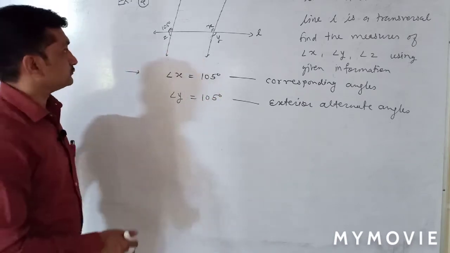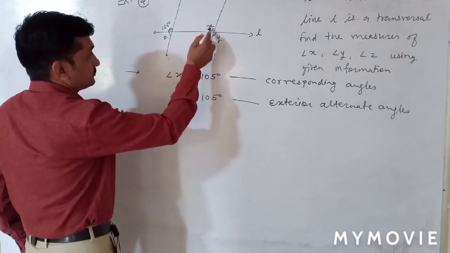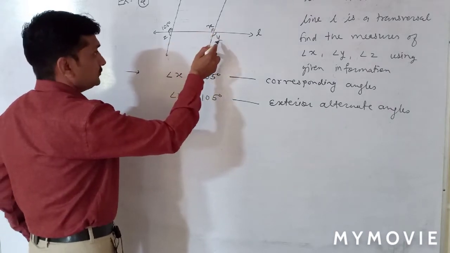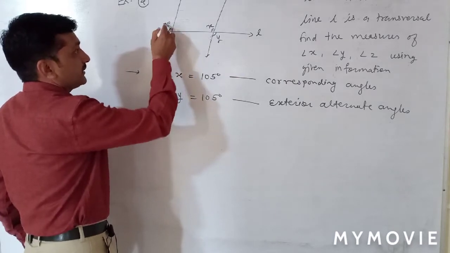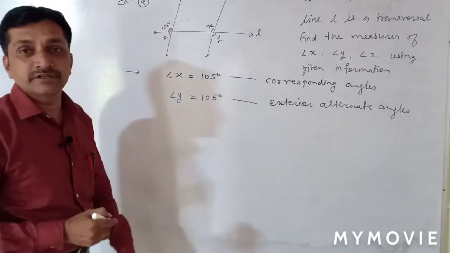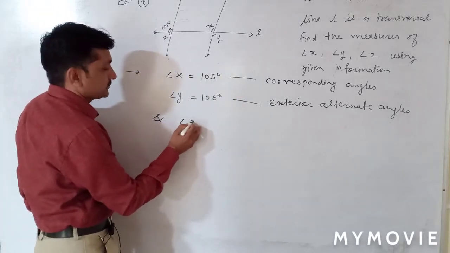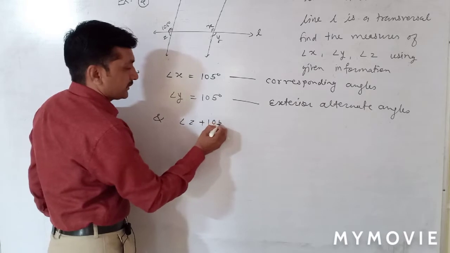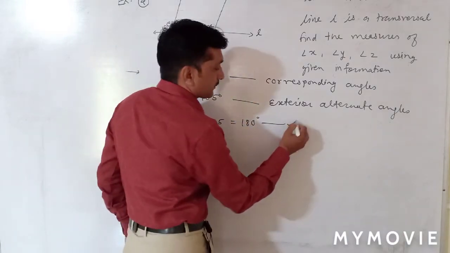Now Z. There is no relation between X and Z or Y and Z. We will take these two angles, Z and 105. These are angles in a linear pair, and we can write angle Z plus 105 is equal to 180 degrees. The reason is angles in a linear pair.